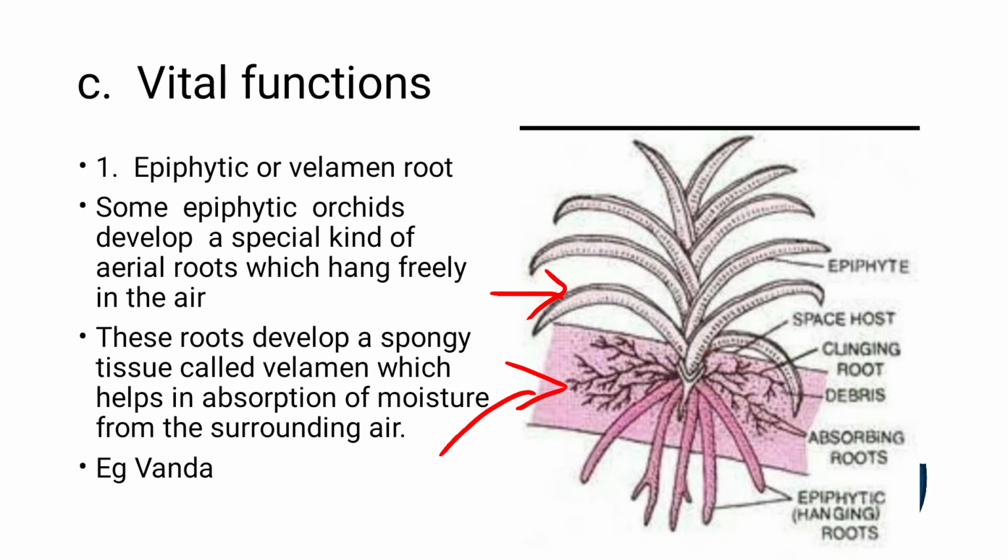The aerial roots have a special tissue called velamen tissue which absorbs moisture from the air. This is the aerial roots and this is the absorbing roots. It absorbs food from another plant's stem. The clinging roots, hanging roots or aerial roots absorb atmospheric oxygen due to the presence of the velamen tissue. Example, Vanda.